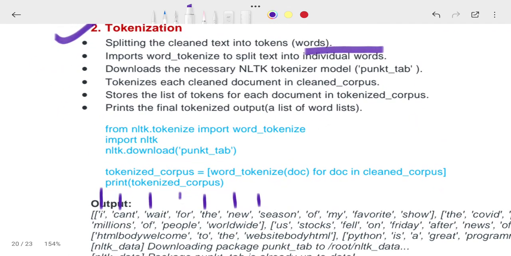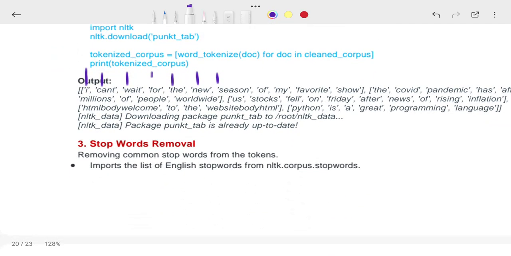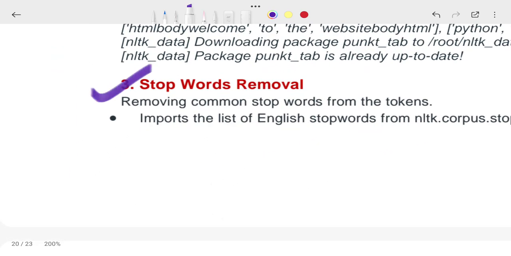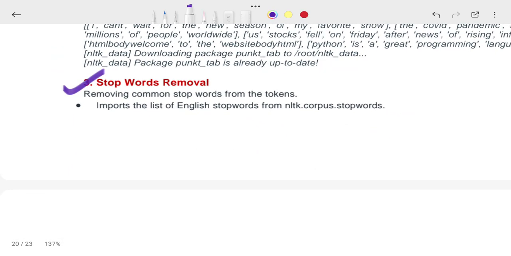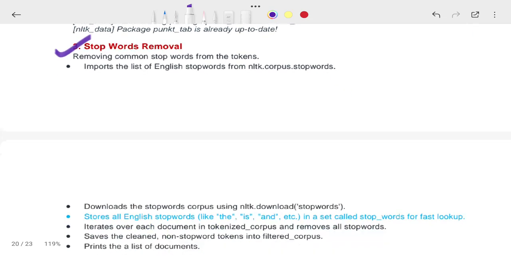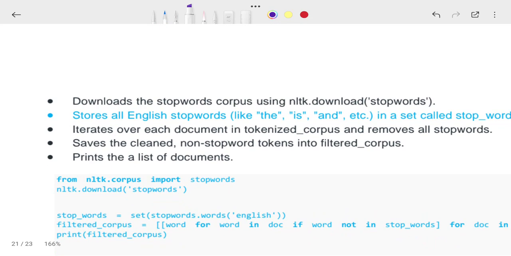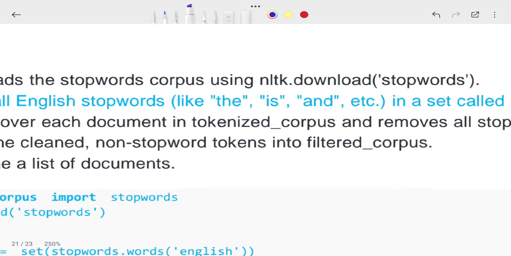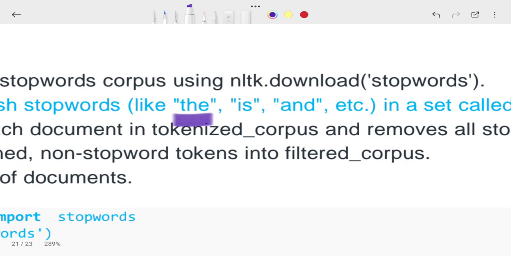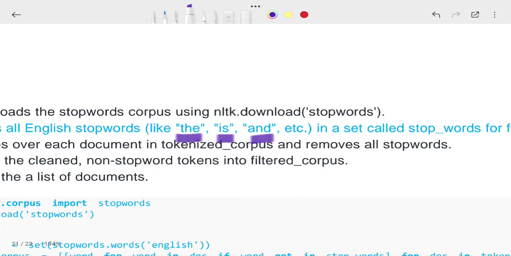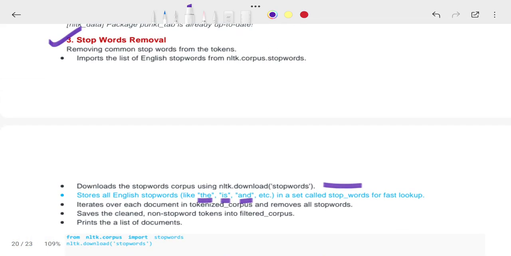Getting it? Now next, stop words. What is the meaning of stop words? If there are some words like "the" and "is" that you want to remove, these are the stop words.